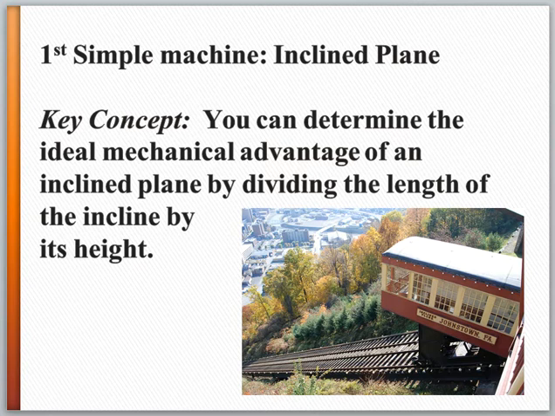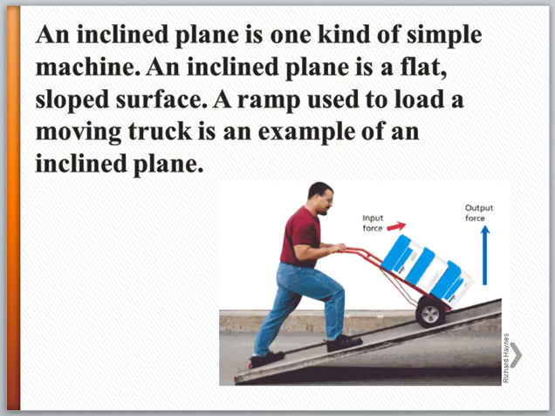Now, you know that if you're trying to roll a heavy object or place a heavy object up into, like, say, a truck or on top of a shelf, it's very difficult just to lift it straight up because you're doing all the work against gravity straight up. Okay, so the output force, if you do a deadlift, then you've got to lift that weight straight up and you're lifting the entire weight.